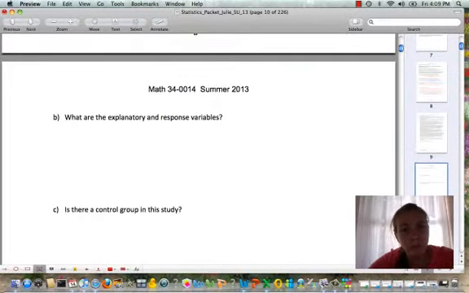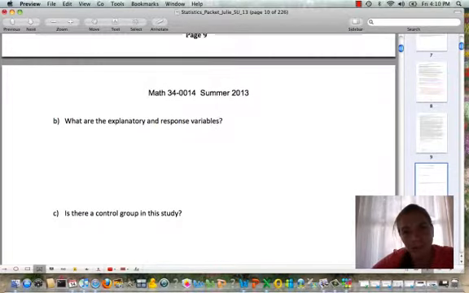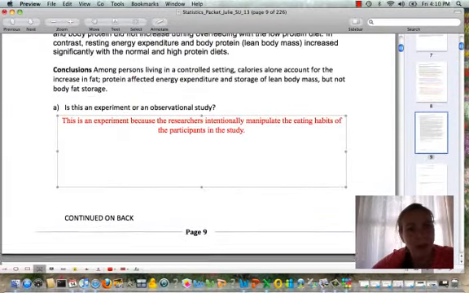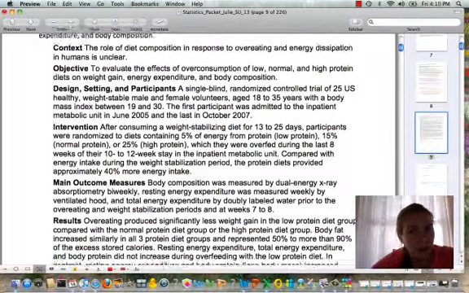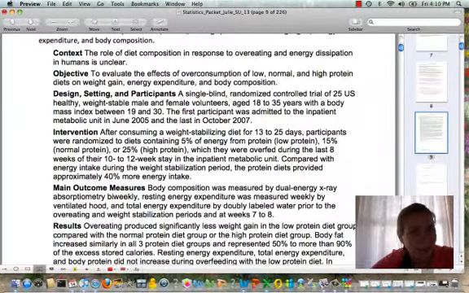Question B asks, what are the explanatory and what are the response variables? So remember from page 6 that the explanatory variable is what we think might explain or even cause the changes, and the response variable measures the outcome of the study. So if we look back, the change that they're making is the amount of protein in the diet of the participants.